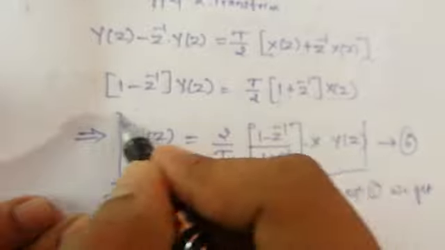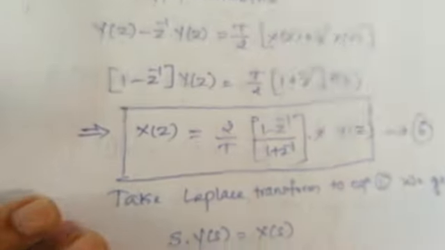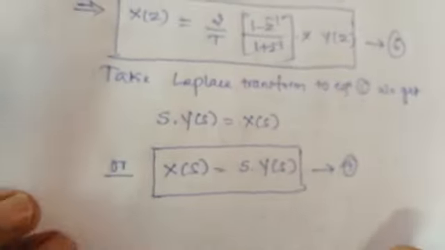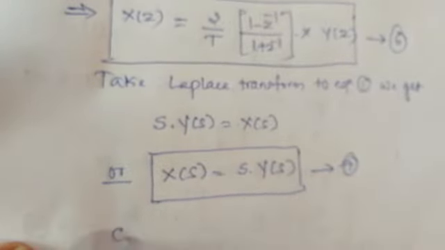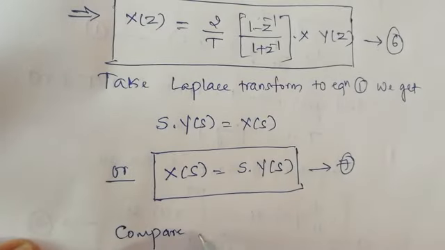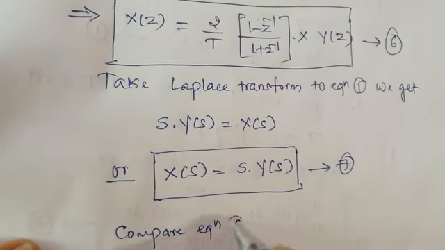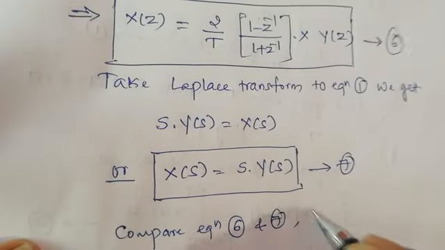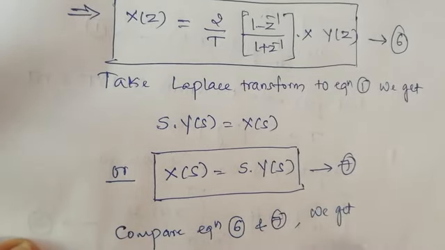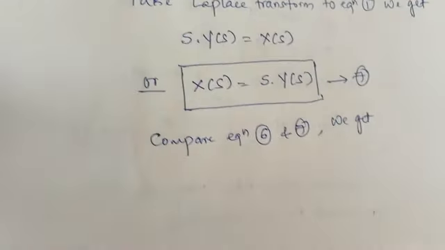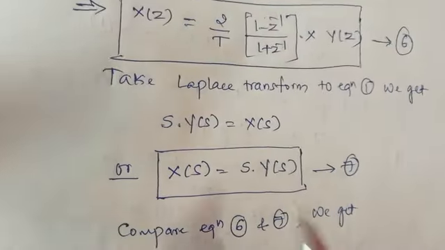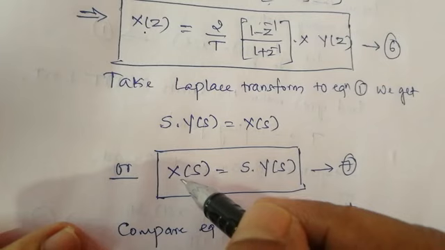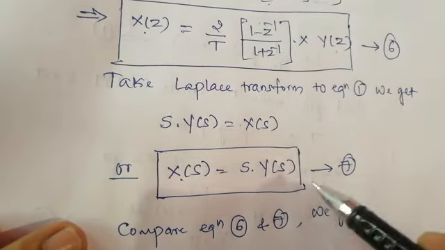Now do the comparison of equation 6 and 7. What will we get? In place of s, X of z is there, X of s is there, Y of z is there, Y of s is there.